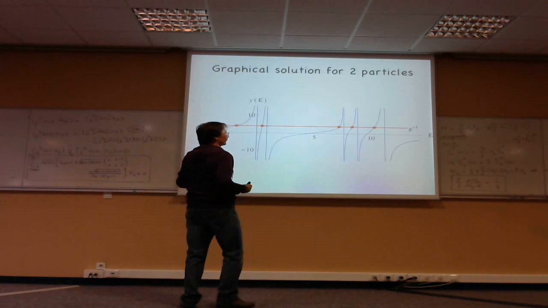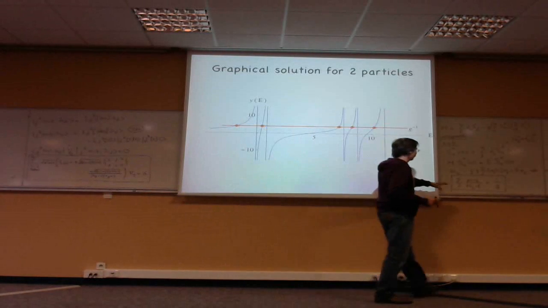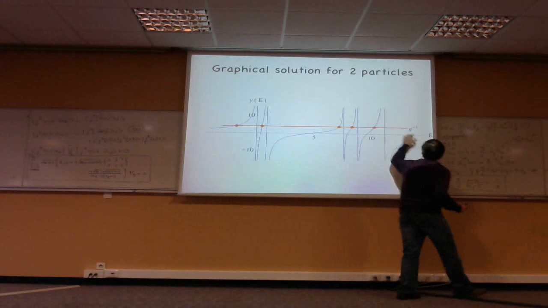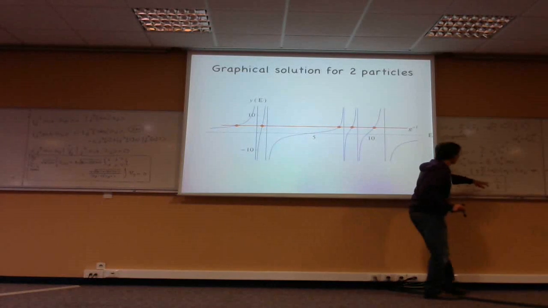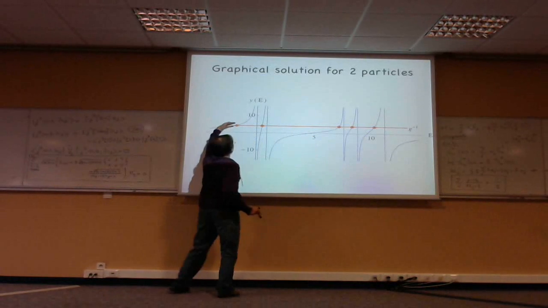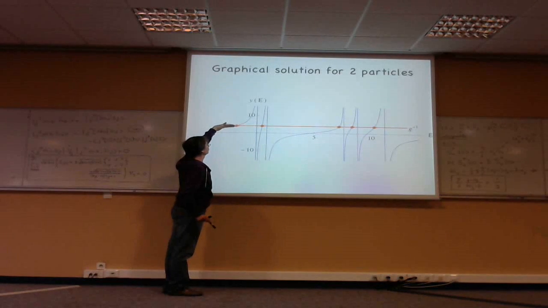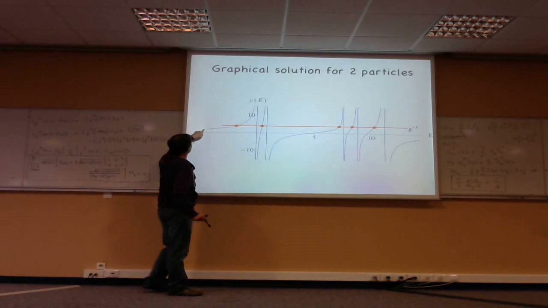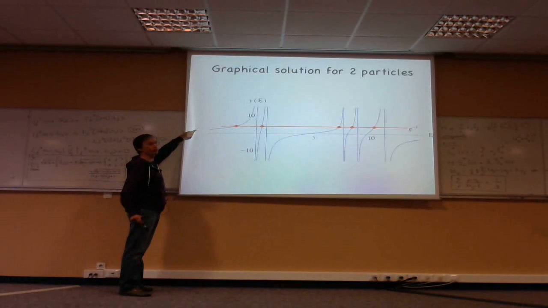Let me get back to this graphical solution. It's 1 over G here. The G is positive for an attractive pairing interaction. If I increase the G, I will decrease this line, and there will be one state which comes low in energy. This is the same thing Rick mentioned in the first week.